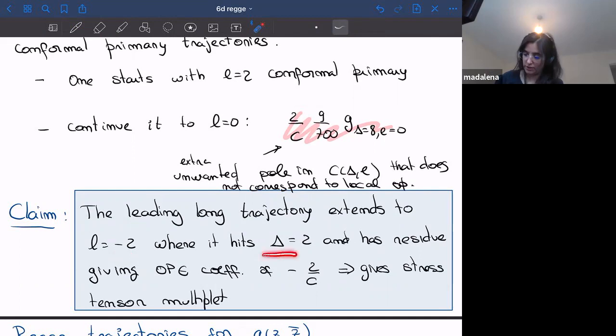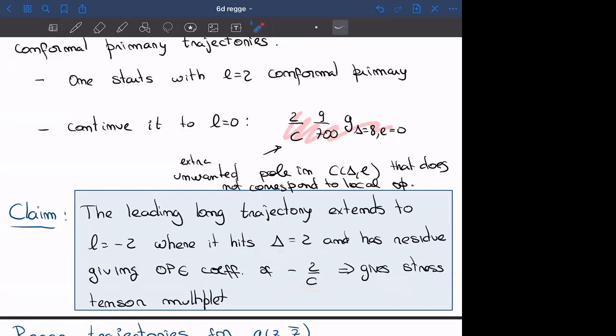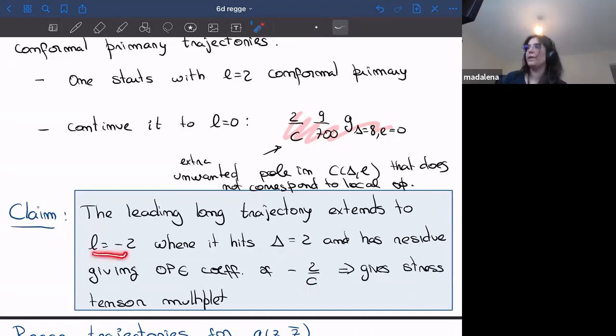And so this leading long trajectory should have a pole at delta equals 2 when L equals -2, and it should have this residue. Is here L the spin of the superprimary of the long trajectory or some descendant? This is spin of the superprimary. So it's a superprimary that should have spin.